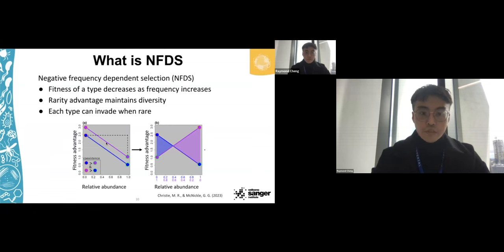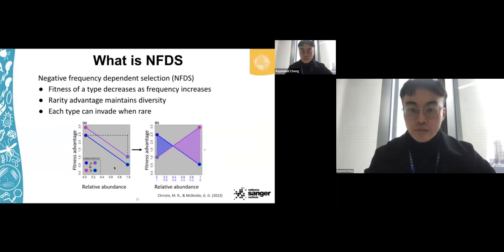For both types, the x-axis is the relative abundance and the y-axis shows the fitness of the two types. In both types, you can see that as the frequency increases, the fitness decreases. This is, by definition, NFDS selection.